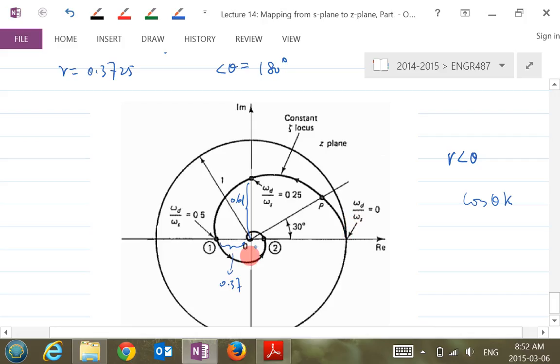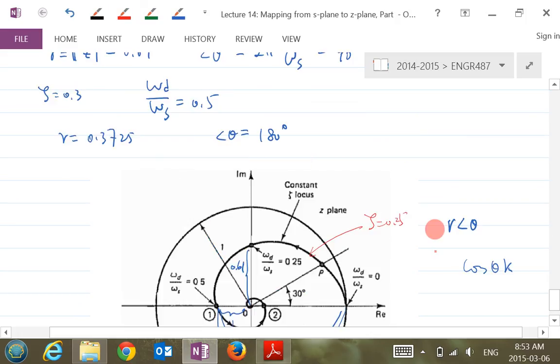In the discrete one. So in this case, if I draw the constant damping ratio mapping, I don't need to draw the rest of them. I'll just draw this portion here, for 0 to pi. You also have negative pi to 0, so you have a symmetric curve to this one at the bottom. For this curve, from here to here, that corresponds to zeta equal to 0.